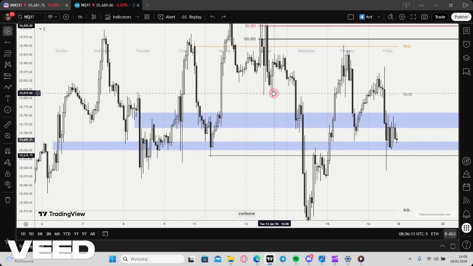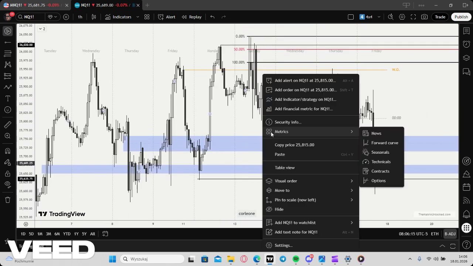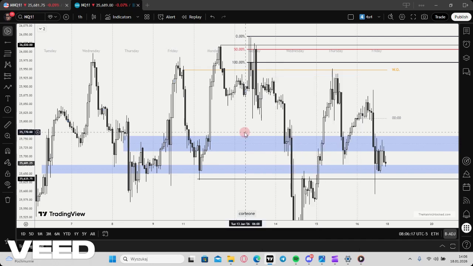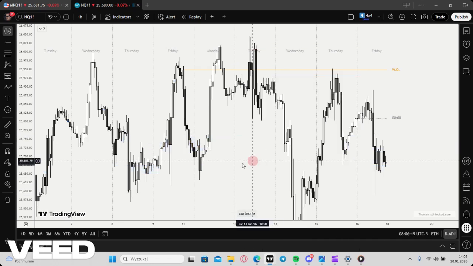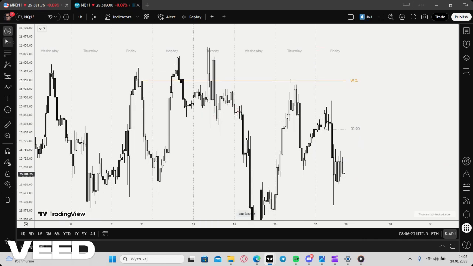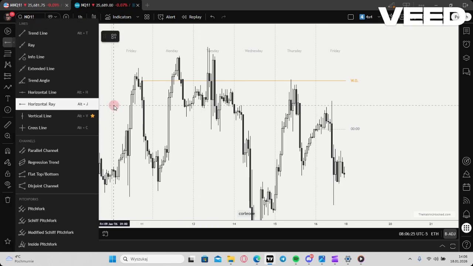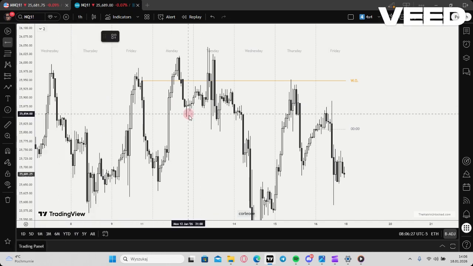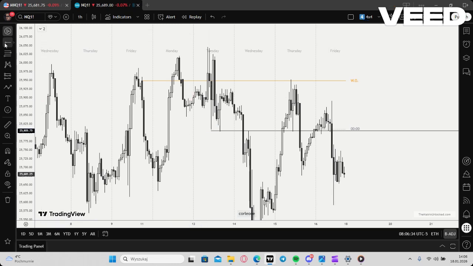Beautiful. Now, let's talk about the continuation trades. Take a look at what Tuesday did. It wasn't much price action, a little bit of consolidation, not one-sided direction, but it established a specific range.